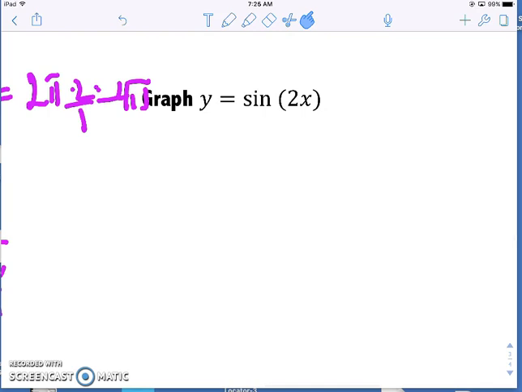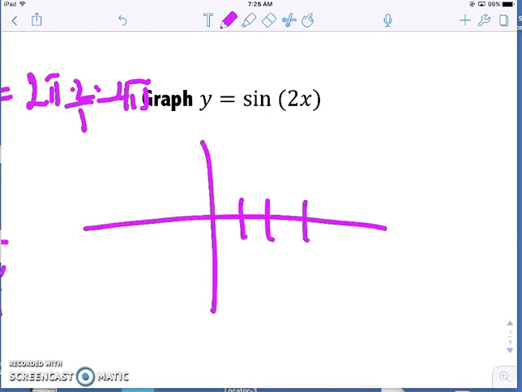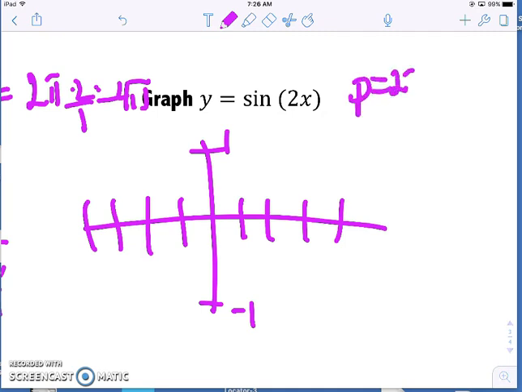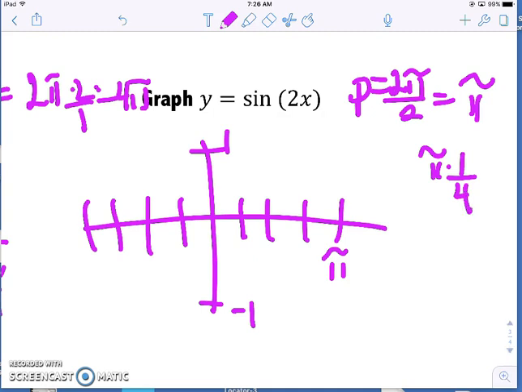So the last one here, well, our amplitude is 1. 1, 2, 3, 4. So we have 1 and negative 1. Our period would be 2 pi over 2, which is pi. And to figure out what we're counting by, well, what's pi times 1/4? Pi over 4.